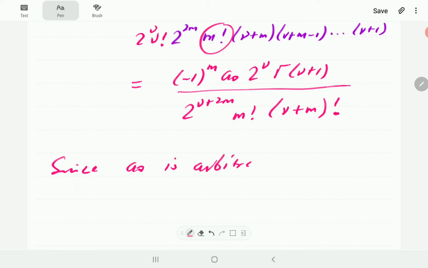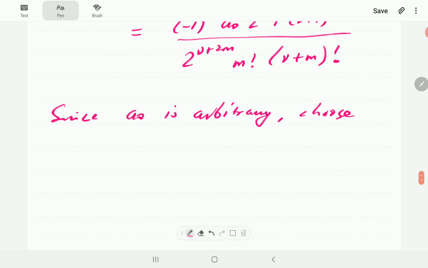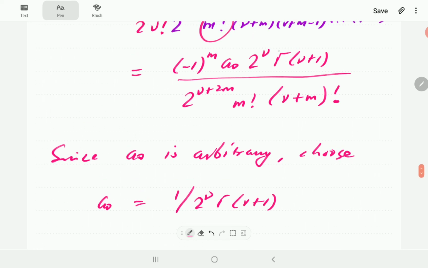Now, remember that a naught is arbitrary. So because a naught is arbitrary, we can choose it at will. So we're going to choose a naught to be equal to 1 over 2 to the power nu times gamma of nu plus 1. Then it's going to cancel off those two terms.